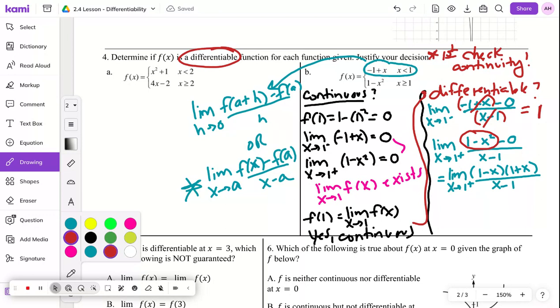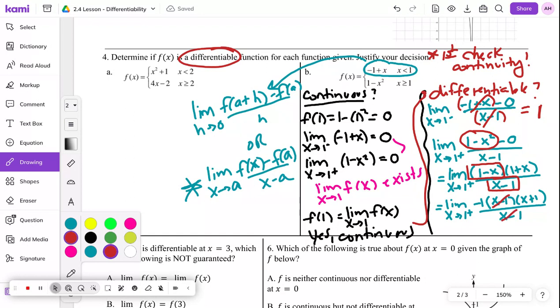But I notice that this factor of 1 minus x and this factor in the denominator are off by a negative. So I really have the limit as x approaches 1 from the right of negative 1 times x minus 1, x plus 1, all over x minus 1. I'm just going to factor that negative 1 out so that my factors are properly equal to each other and I can divide.